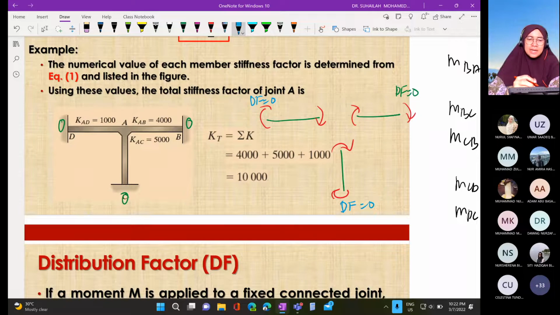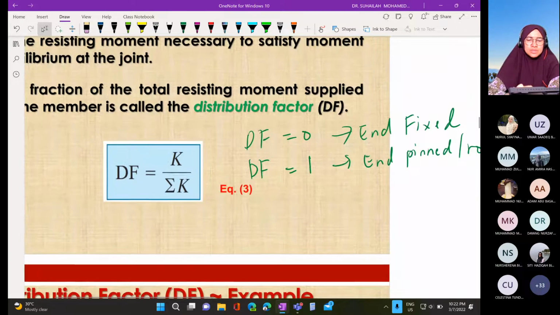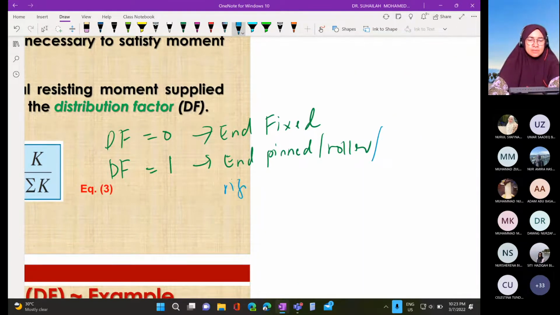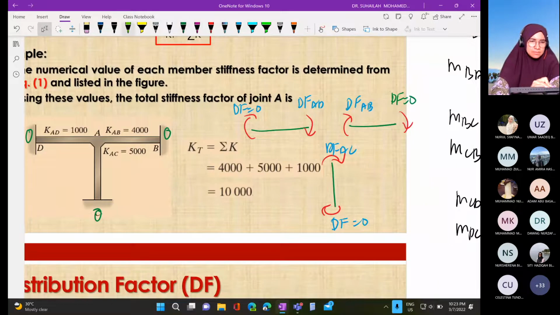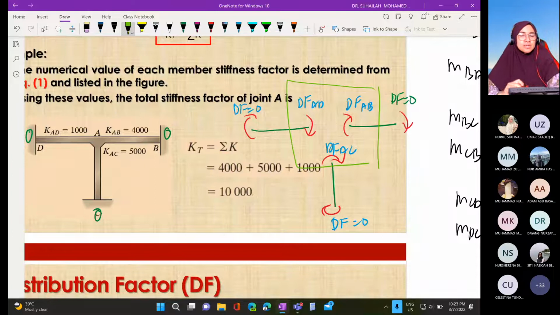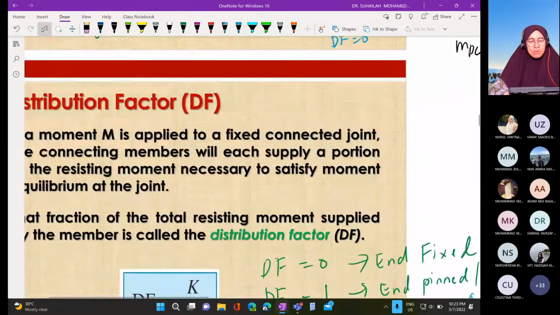So what we want to calculate are DF AD, DF AB, and DF AC. Only these 3. This is for a frame, a rigid joint. The total of DF AB, DF AC and DF AD must equal 1. Whether it is the total or the end pin and roller, it will be equivalent to 1.